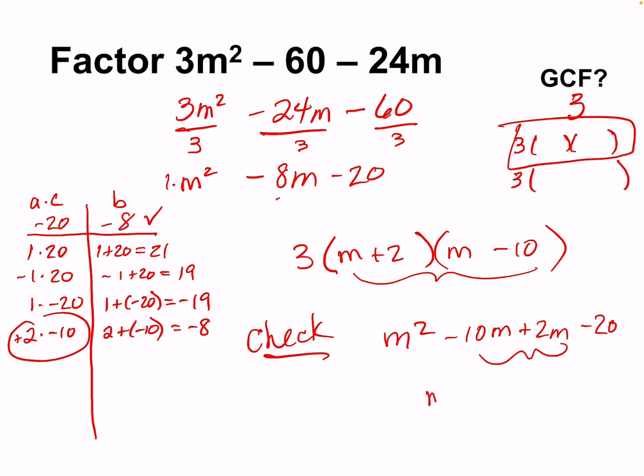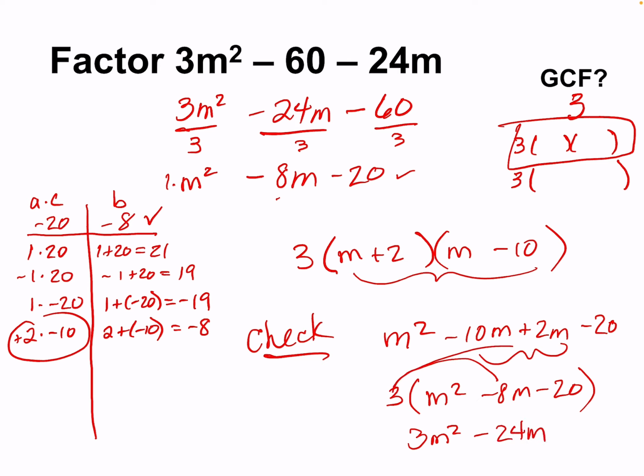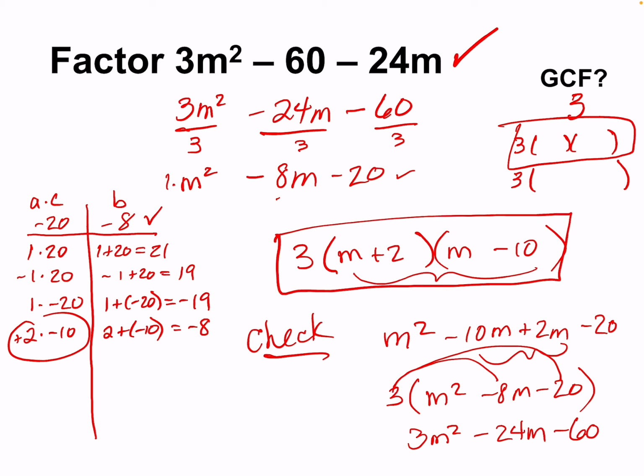Combining like terms, I get m squared minus 8m minus 20, which looks like that. Now if I multiply everything through by my GCF, use distributive property, you get 3m squared minus 24m minus 60. And that looks like the original up here. So that is our answer.